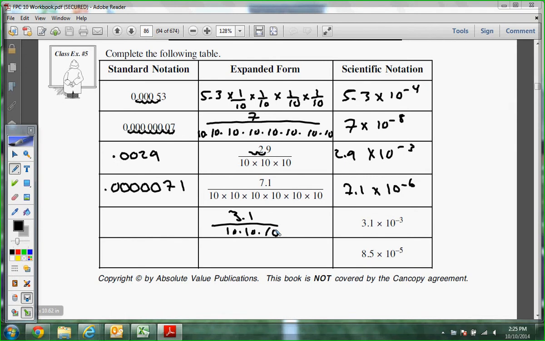Or move it over 3 spots, 0.0031. Okay, and the last one would be 8.5 over 5 tenths. Or moving it over 5 spots, which gives me 4 zeros. Very good.